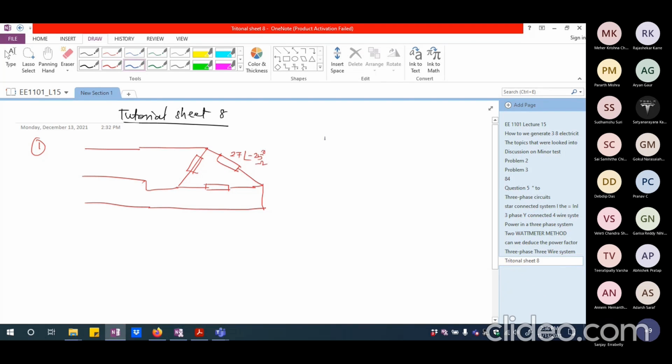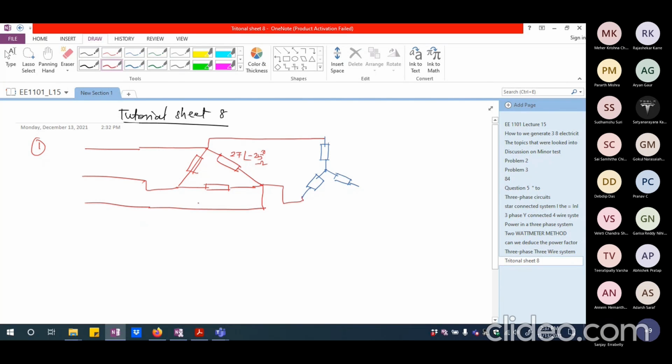The other one is a star connected load. So this is the star connected load which is going to be connected somewhat like this. Let us say this is connected here and the second phase is connected here.